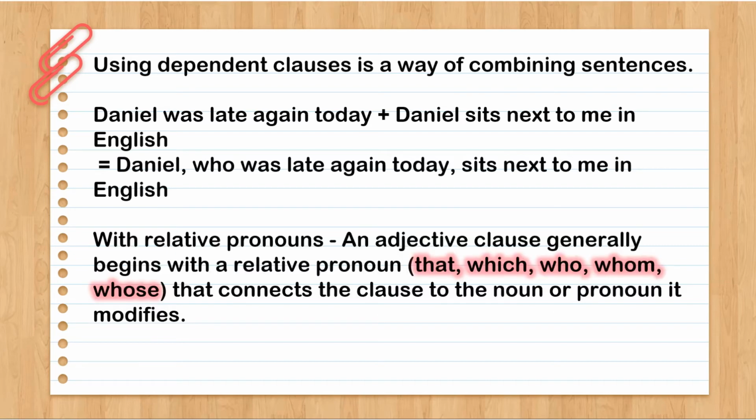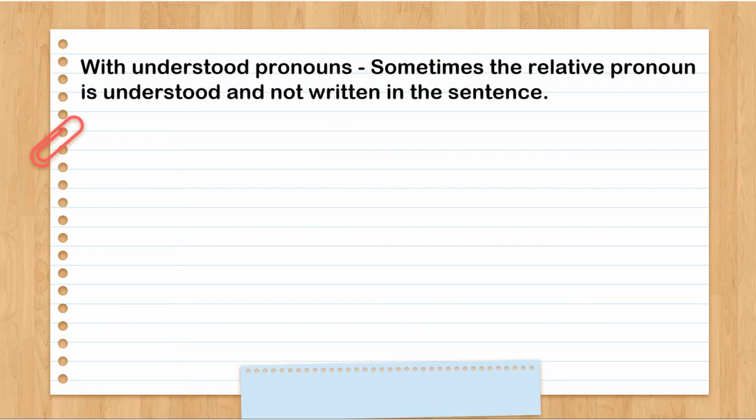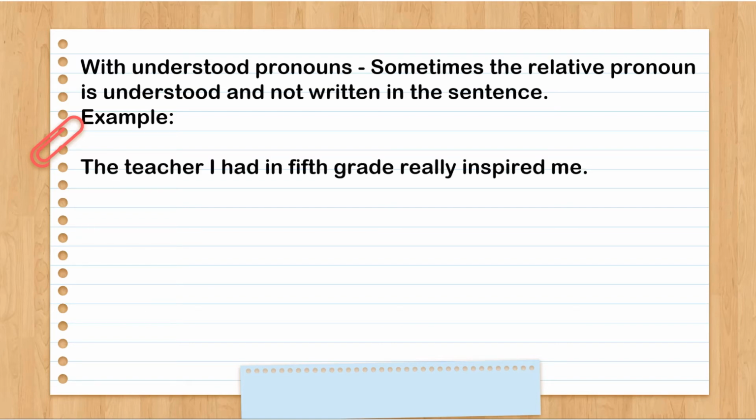With relative pronouns, an adjective clause generally begins with a relative pronoun: that, which, who, whom, whose. With understood pronouns, sometimes the relative pronoun is understood and not written in the sentence. For example: the teacher I had in fifth grade really inspired me. In this case, you don't have to mention the relative pronoun.